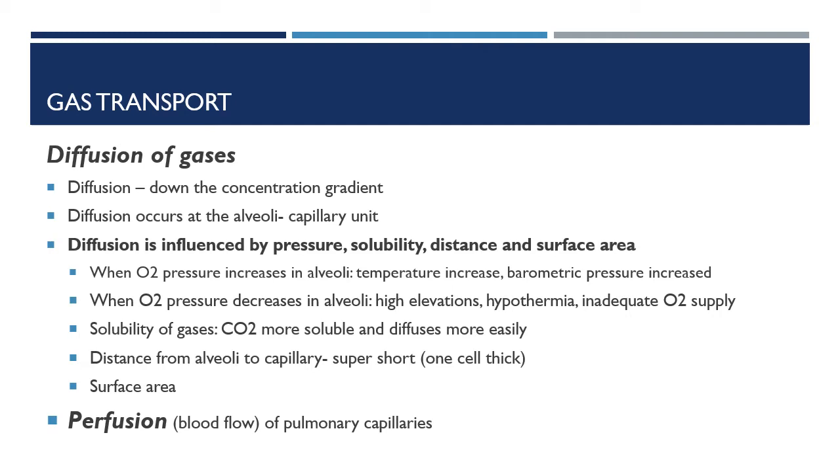Okay, so let's talk about perfusion. So perfusion is basically just the blood flowing through the capillaries in any organ. So we could talk about renal perfusion, brain perfusion, cardiac perfusion.